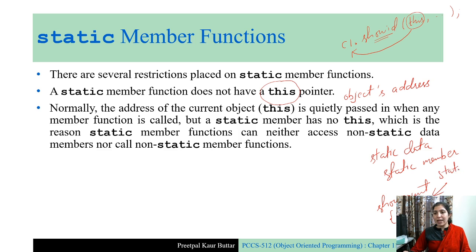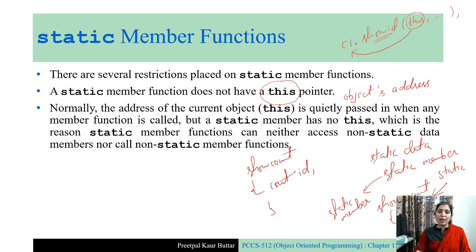So a static member function can access only static data members, and can call only other static member functions. It cannot access any non-static data member, and it cannot call any non-static member function. So if you try to write cout id inside showCount, it will not work.